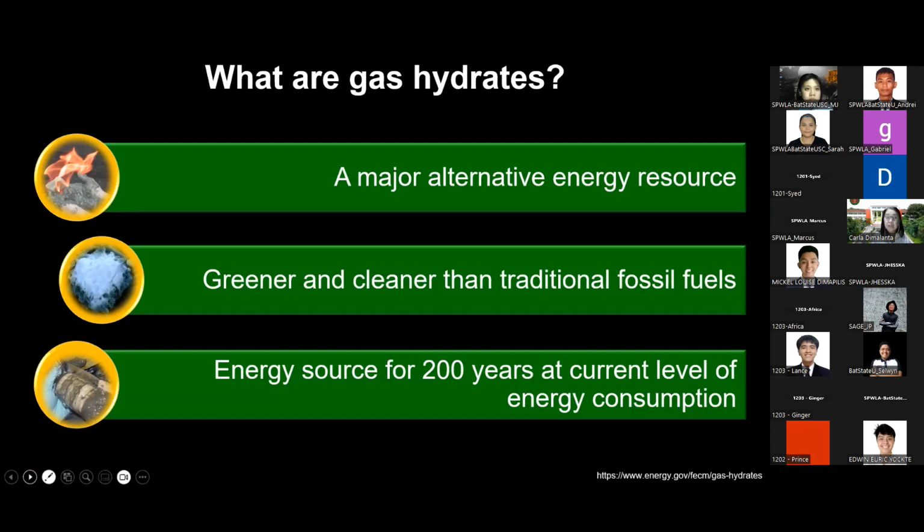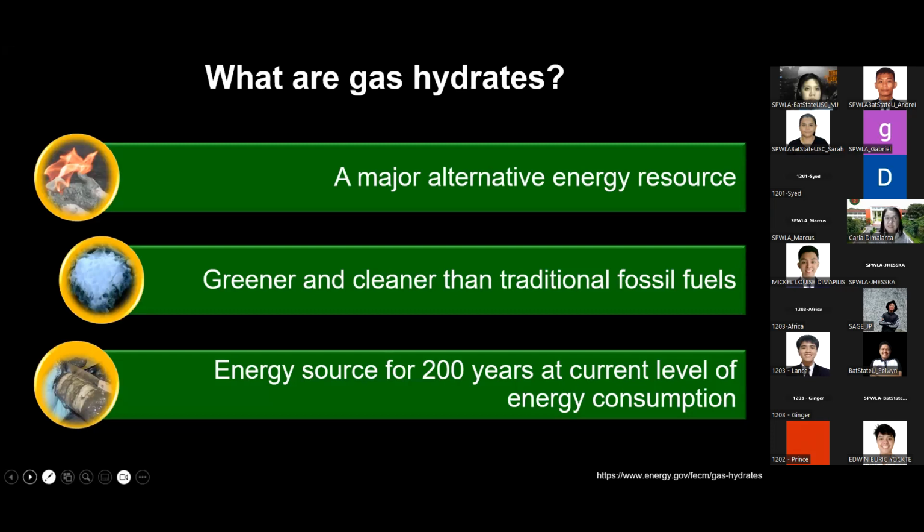Given the volume of methane that can be extracted from gas hydrates, studies have also indicated that this can be a potential energy source. Some conservative estimates put it at 10 to 25 years as an energy source, but there are some that are really aggressively pushing that it can be a potential energy source for the next 200 years if we base it on the current level of energy consumption.